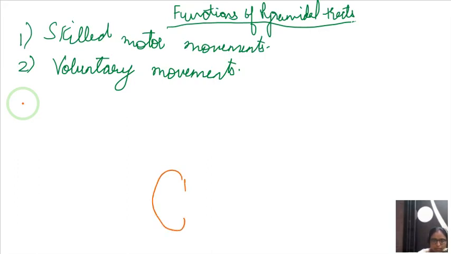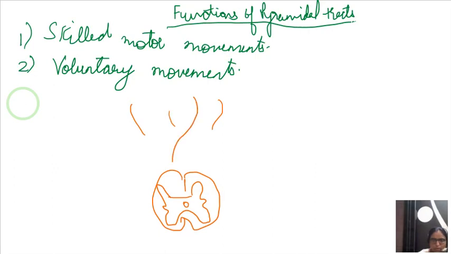See, this is your spinal cord. It is a very important concept, please do focus on it. For example, I'll not draw everything. For example, this is the medulla and your cortex and midbrain, pons, and from here the fibers decussate.